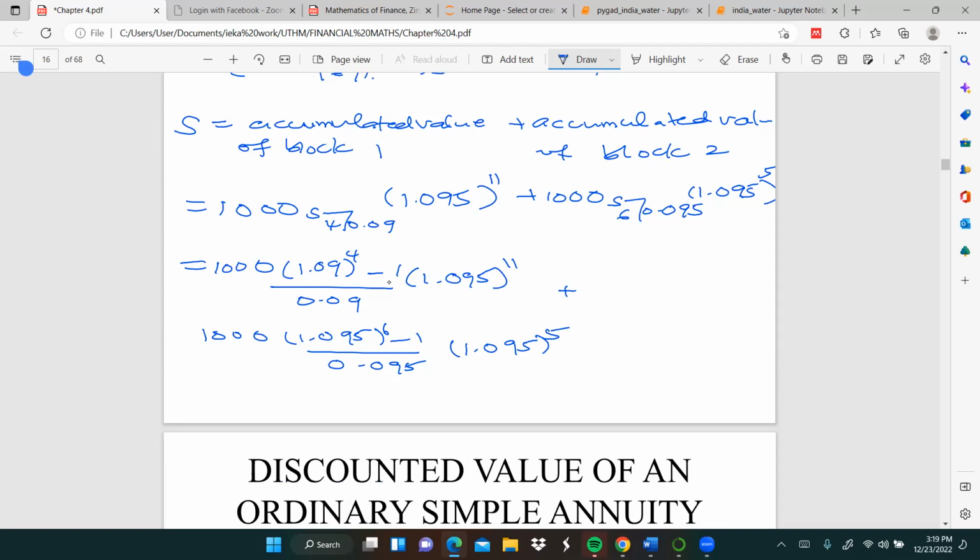So, jawapan akhir dia akan dapat 12.9 per 1.